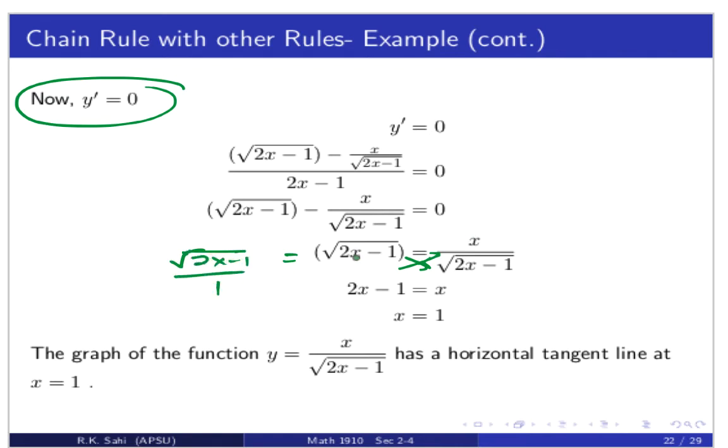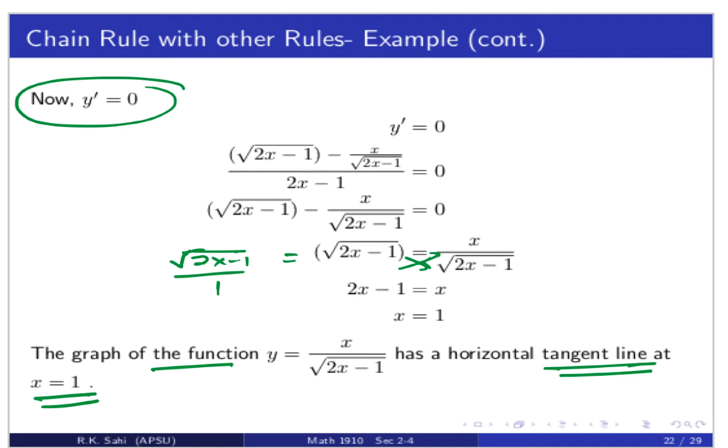So x with 1, and the square root with the square root basically cancels out. That's why I actually put this square root of 2x minus 1 in the denominator. So what do I get? 2x minus 1 is x, or x is 1. And so what we have found is the graph of this function has a horizontal tangent line at x equal to 1 alone.